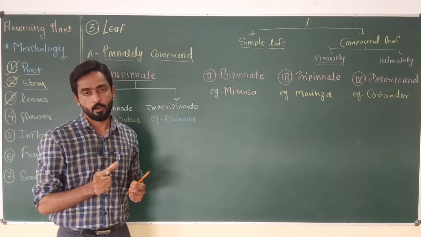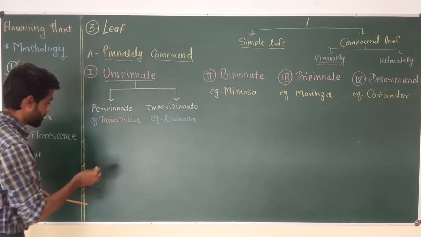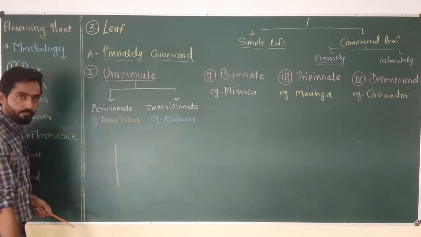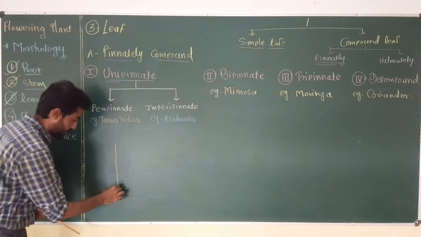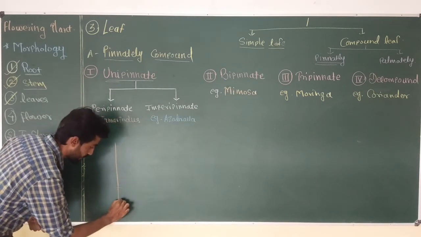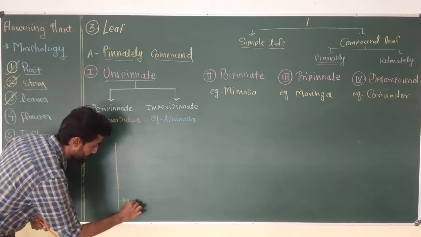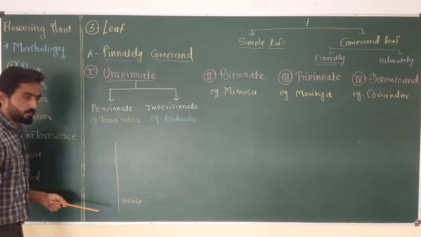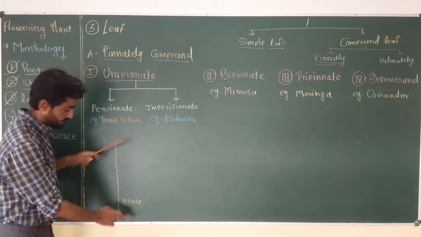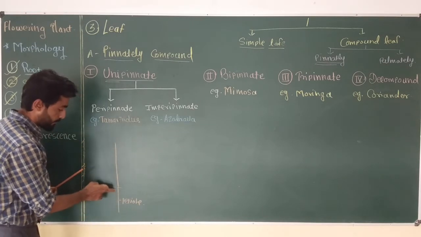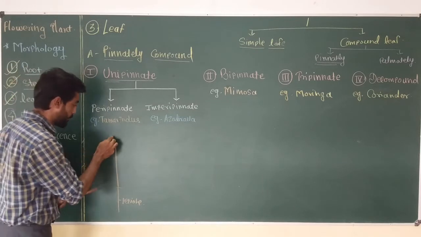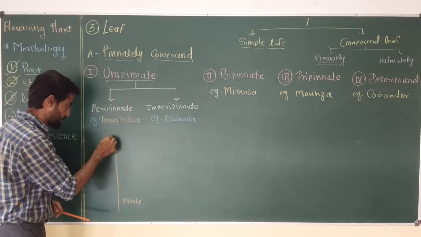Suppose this is the midrib of the leaf and the lower portion is the petiole. The portion which connects the leaf blade with the leaf base is the petiole. Now the petiole has the midrib and the midrib has the lamina. Suppose this is the lamina of the leaf.